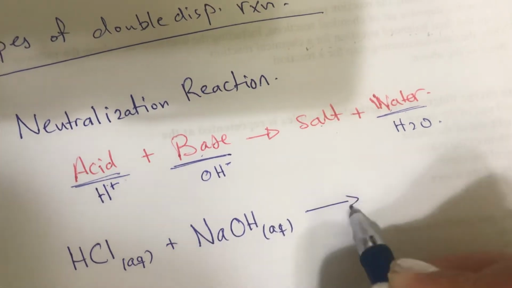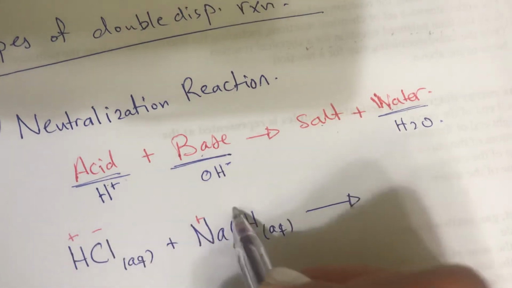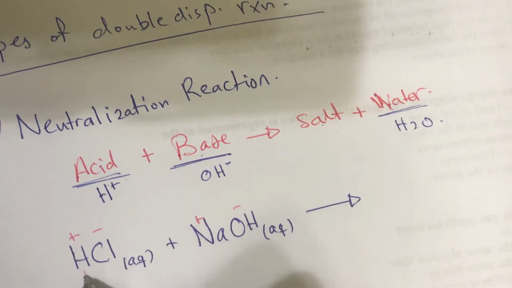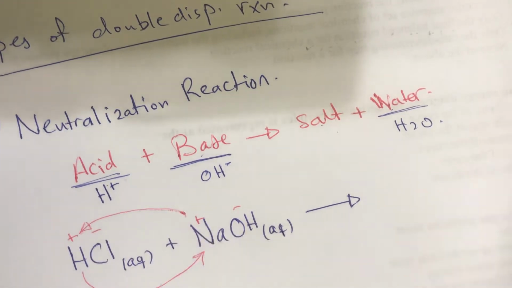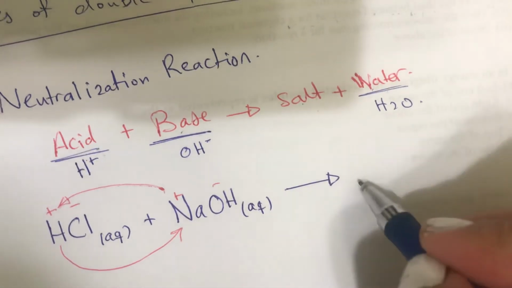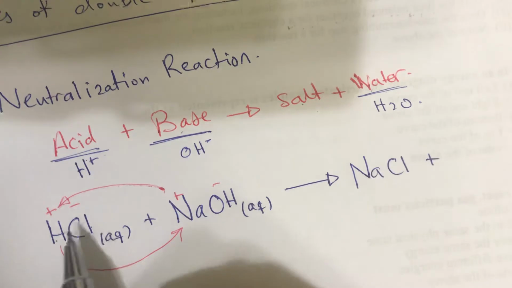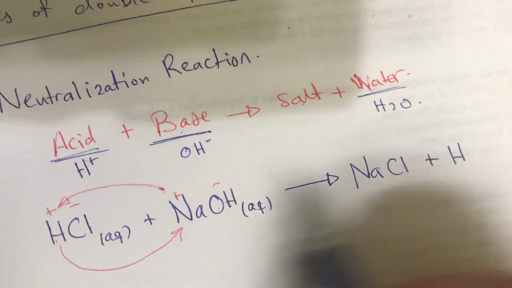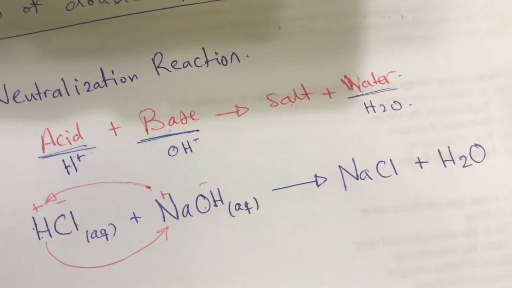What happened in this reaction? The same rule. Here, positive, negative, positive, negative. So hydrogen replaces sodium and sodium replaces hydrogen. So the products are, instead of HCl, NaCl plus, when hydrogen reacts with hydroxide, they form water.